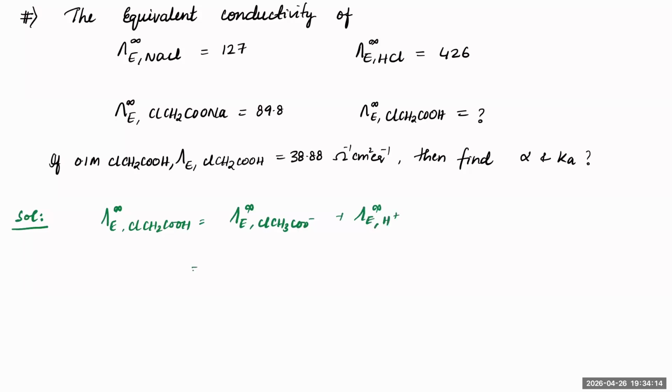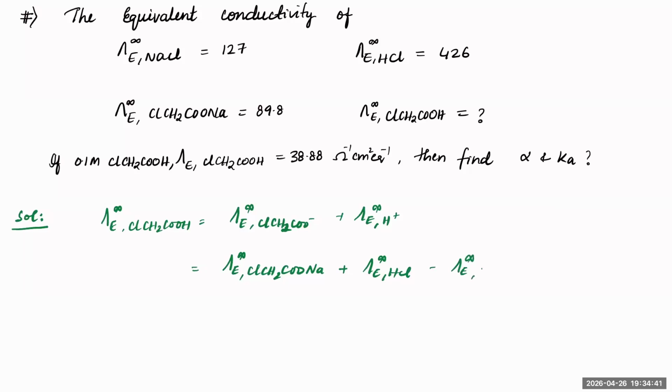Now to get these two values, what should I do? I can take this strong electrolyte data and add like this. So lambda E infinity of ClCH2COONa, plus lambda E infinity of HCl, minus lambda E infinity of NaCl.